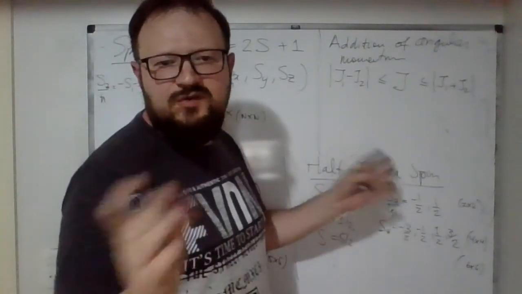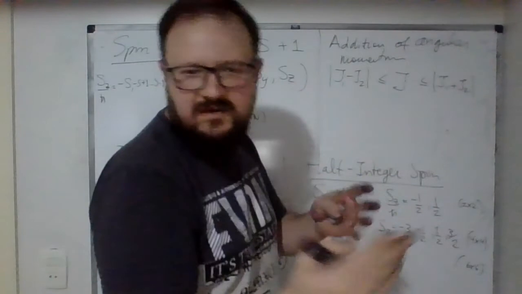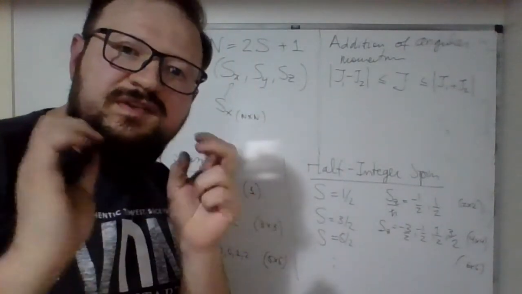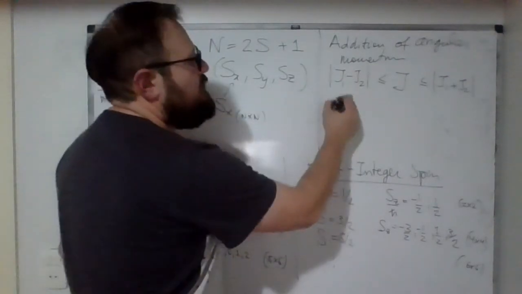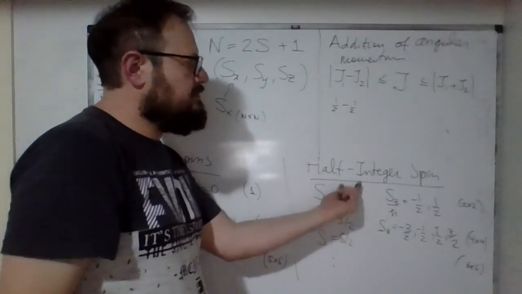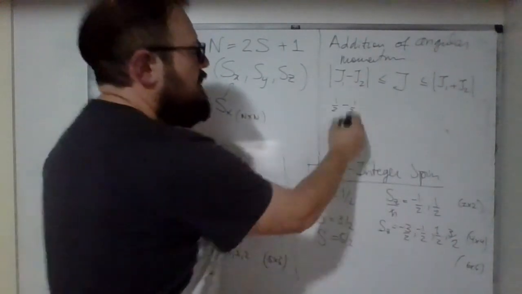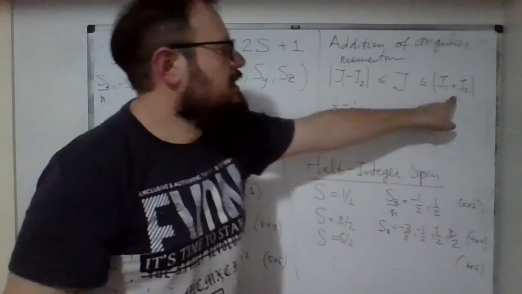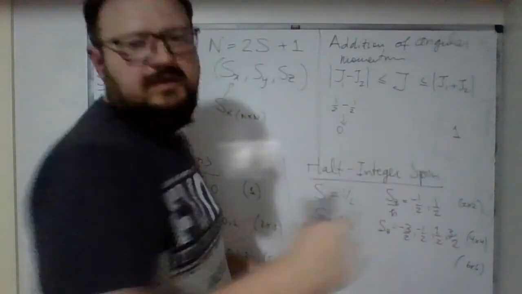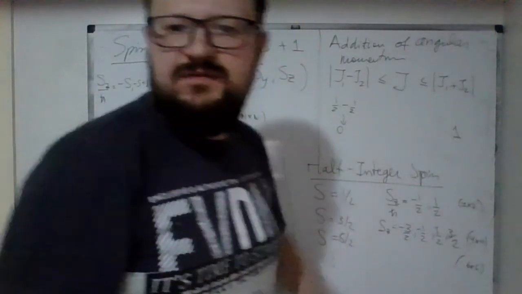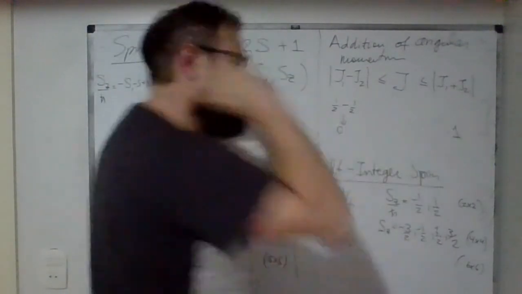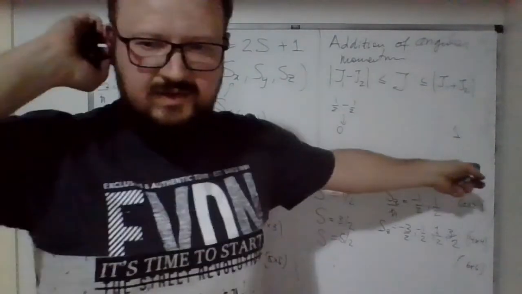You can have two possibilities for the total angular momentum of the composite system of two electrons: 1/2 minus 1/2, which gives 0, or 1/2 plus 1/2, which is 1, and it changes by one unit. If you have something between 0 and 2, you will have 0, 1, 2. But in this case, you have just 1.